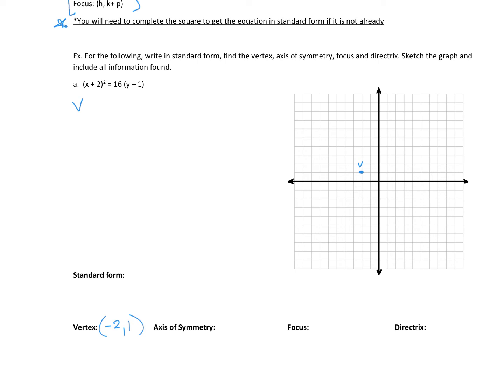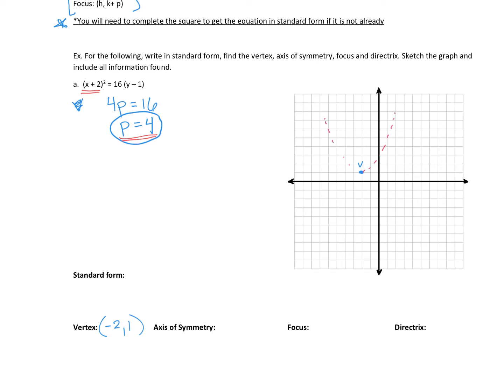I also can tell that my 4p is 16, so p is +4. So again, that is the distance that we're looking for. This starts with an x squared, and my p is positive, so I know that it's going to open up. Again, I don't really know how wide just yet.